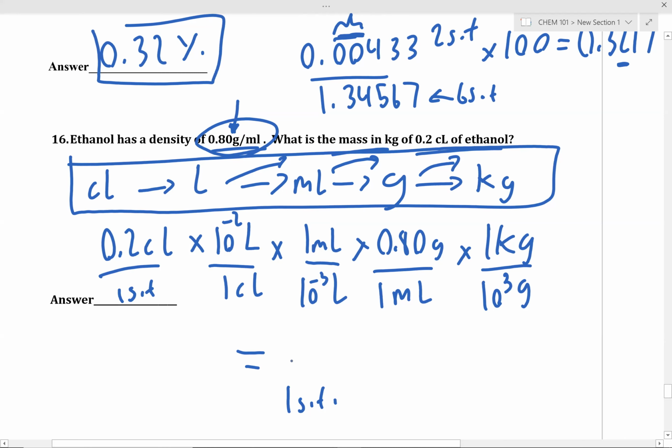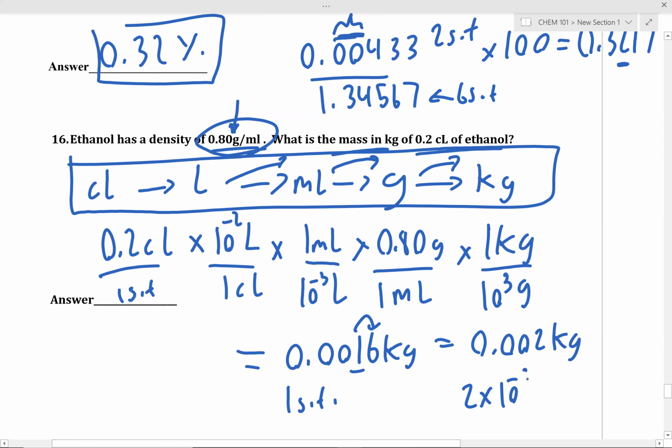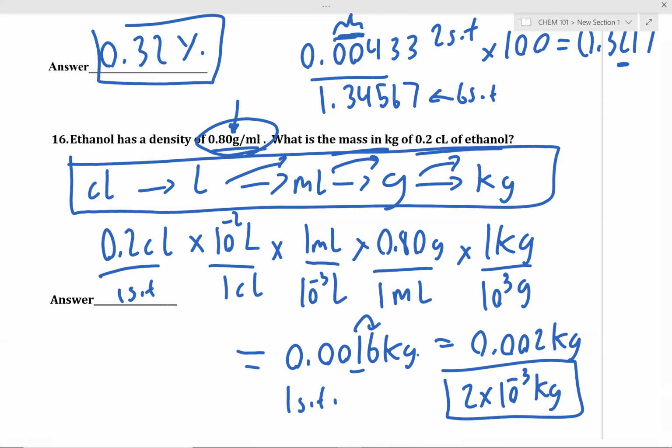And that in turn gives us 0.0016 kilograms that we in turn round to 0.002 kilograms, or 2 times 10 to the negative third kilograms. There we go. So this is an example of integrating unit conversions with density calculations.